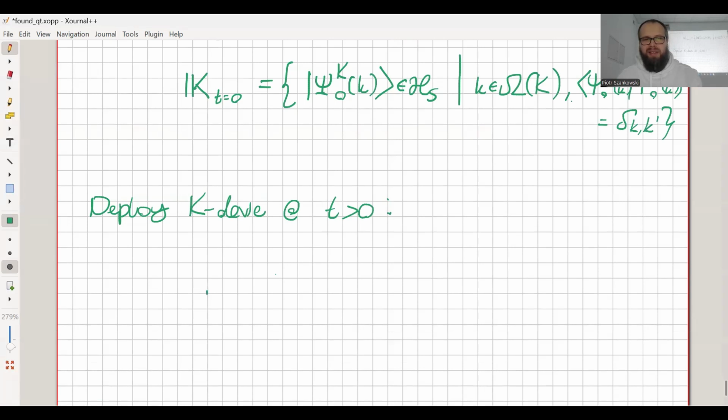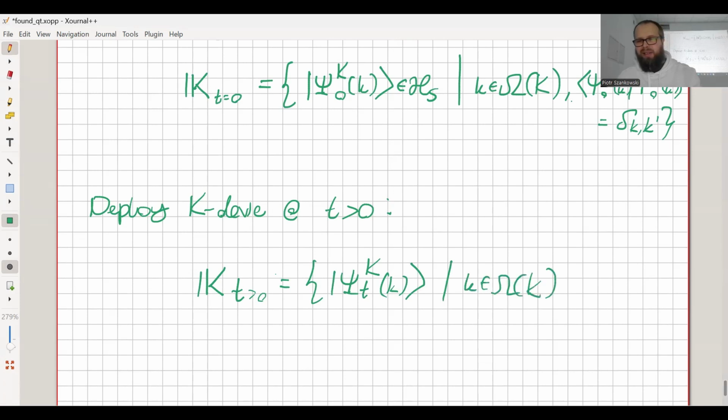So we would have a basis Kt, for some t not 0, made out of vectors psi Kt, right? Again orthonormal and so on. But most likely, this basis would be different from the previous basis. It won't be the same basis.